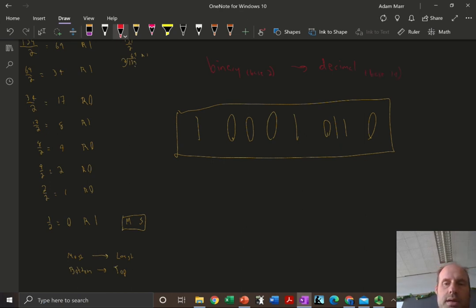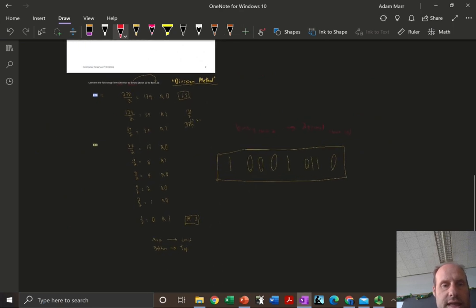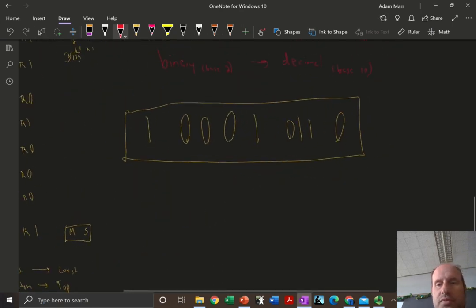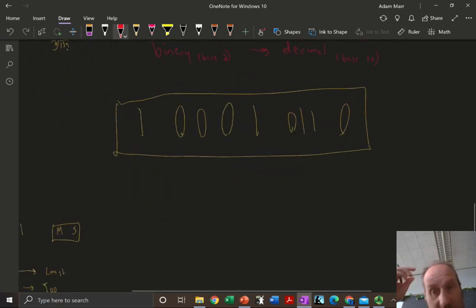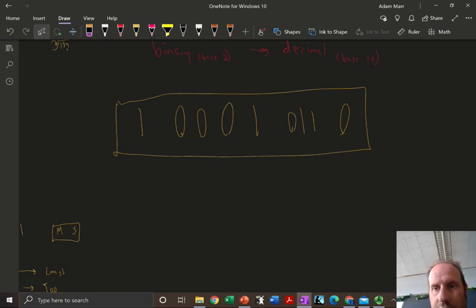So just like I said, we're going to change this from binary to decimal and check our work. Remember, this is 2 to the 0, 2 to the first, 2 squared, 2 to the third, 2 to the fourth, fifth, sixth, seventh, to the eighth.